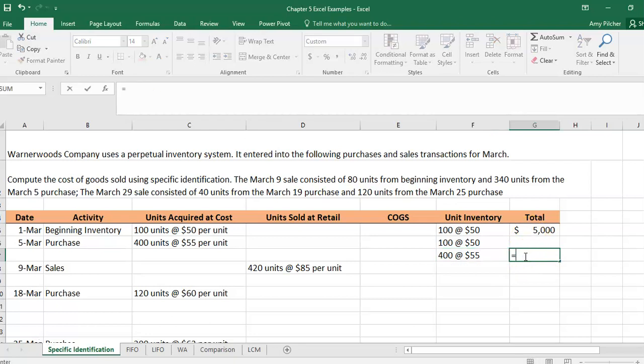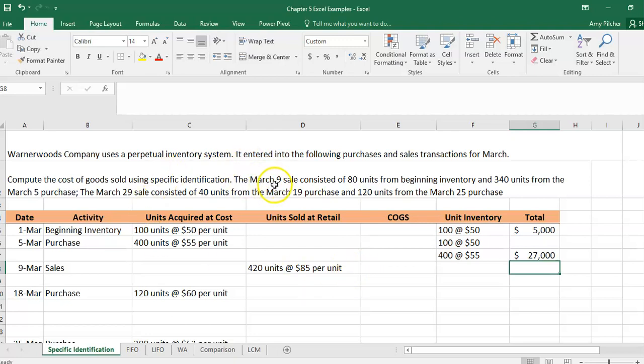This gives us a total inventory of 100 times 50 plus 400 times 55, or $27,000. We then sell 420 units at $85 per unit.